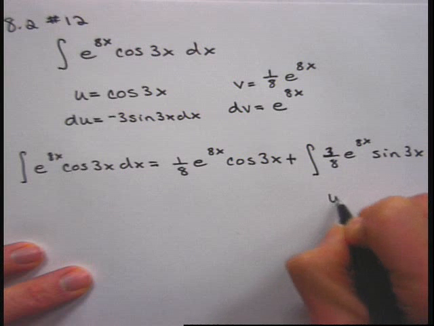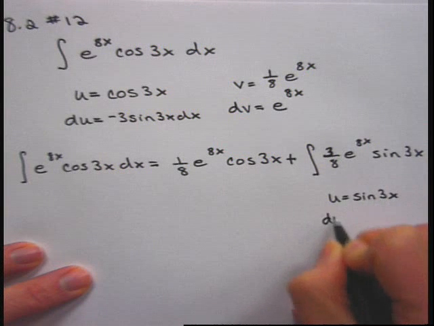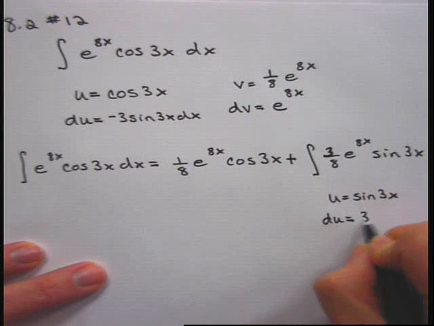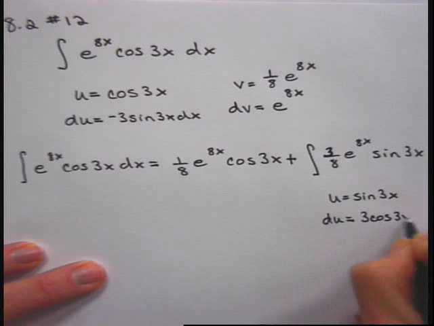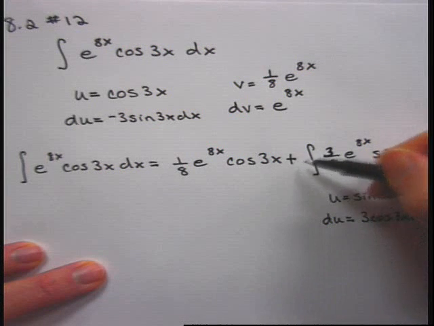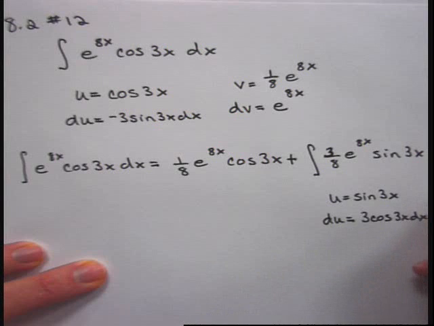So let u equal sine 3x, then du is equal to 3 cosine 3x dx. And then if I pull this 3/8 out in front, then dv is just e to the 8x again, and then v is 1/8 e to the 8x.